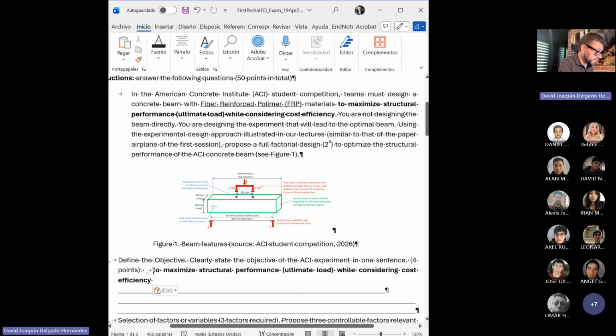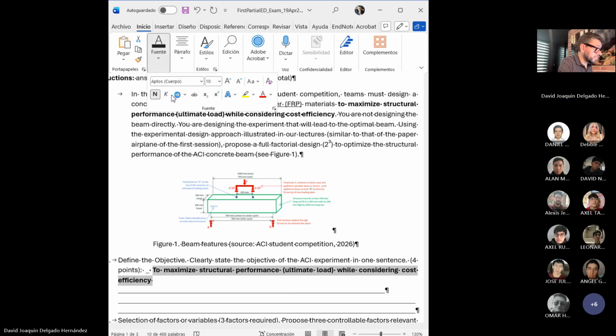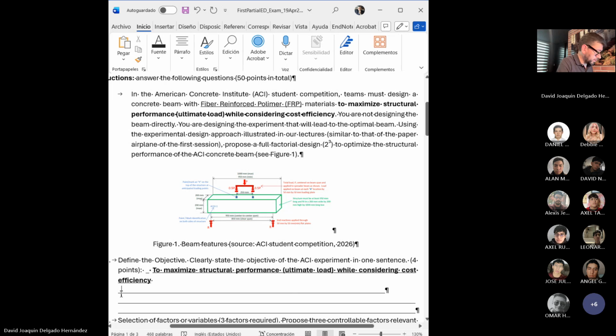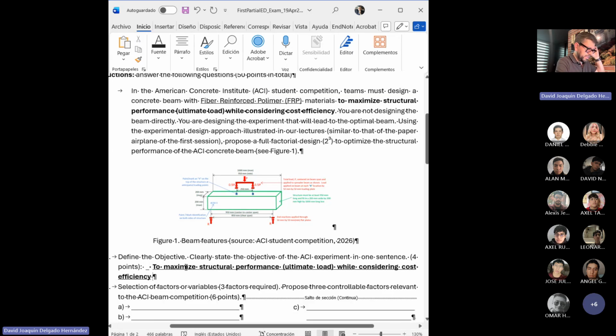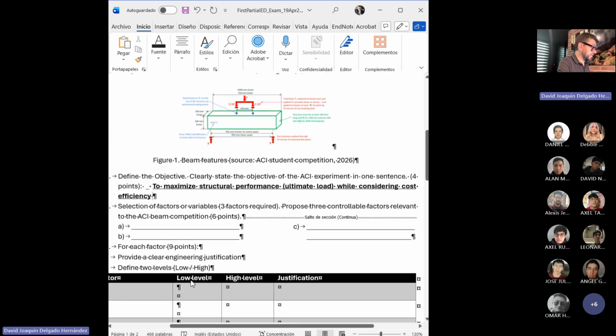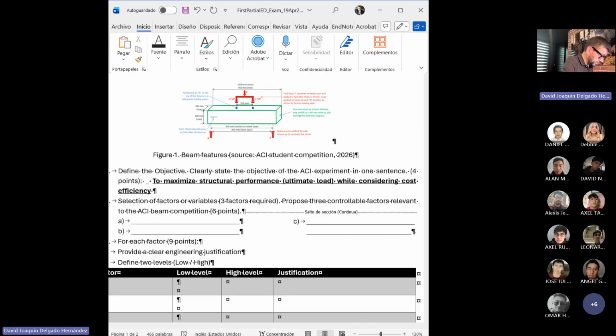This was the response. Okay, to maximize structural performance, ultimate load, while considering cost efficiency. Okay, that is the first answer to this question.